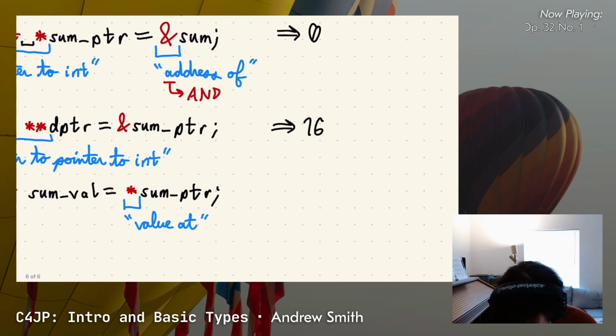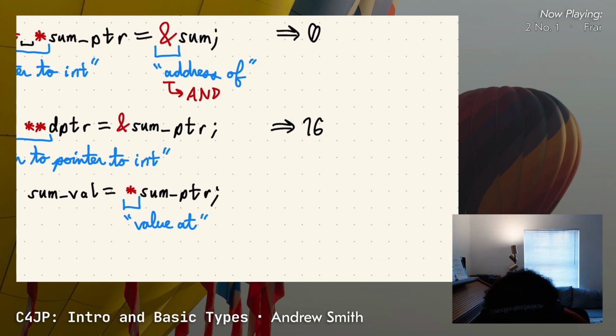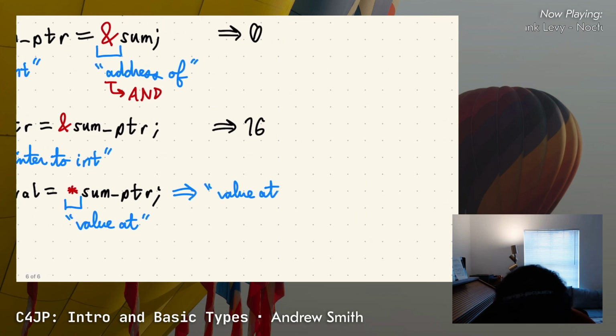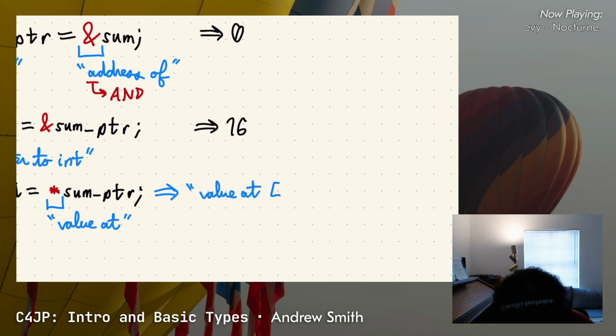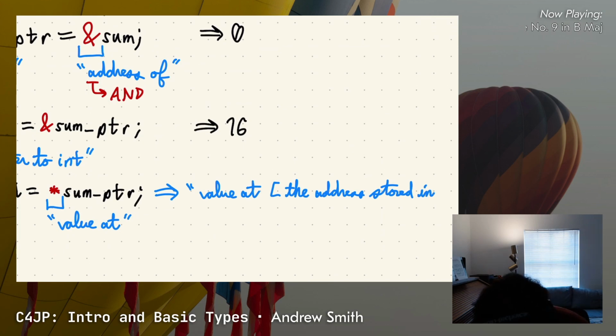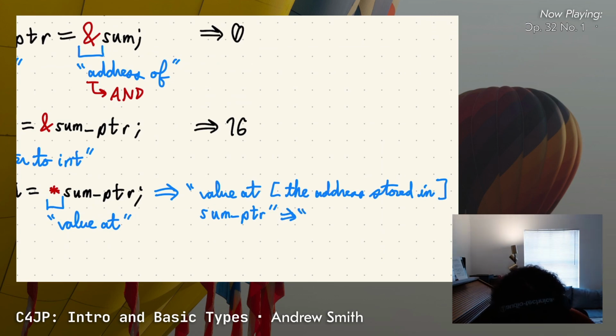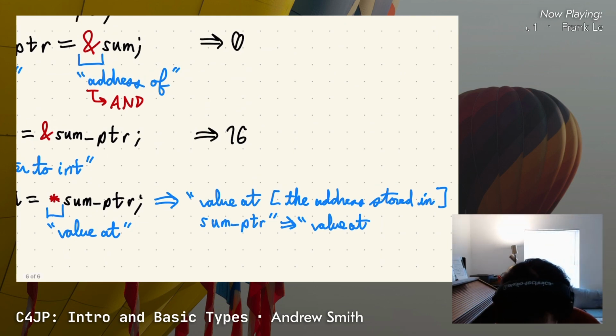And so what this really converts to here, star some pointer, can be read as the value at the memory address represented by, or the address stored in, some pointer, or in other words, the value at address 0.